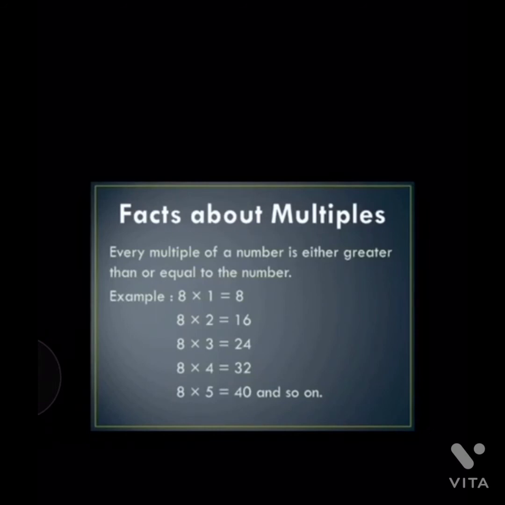In all these cases, we observe that when we are writing the multiples of 8, the first multiple of 8 is 8 and the rest of the multiples of 8, that are 16, 24, 32, 40, are greater than 8. So, from this we conclude that every multiple of a number is either greater than or equal to the number.